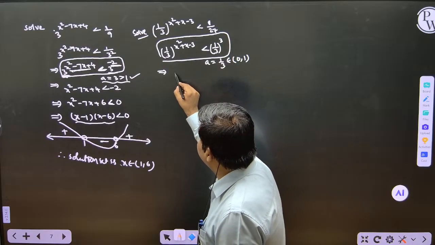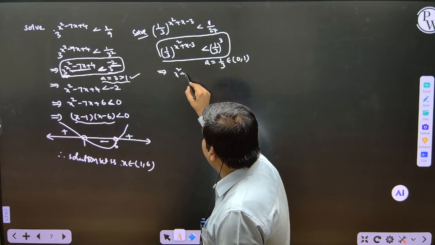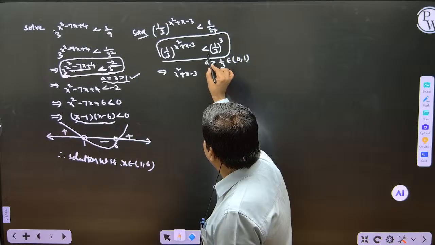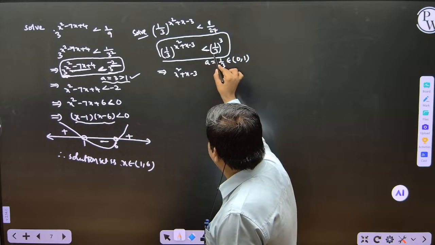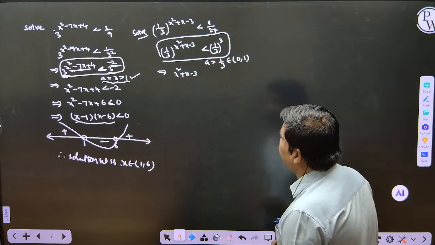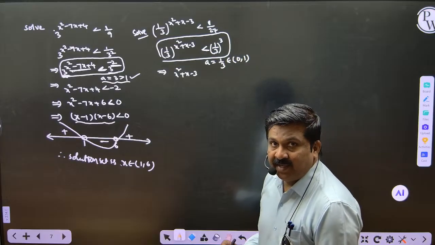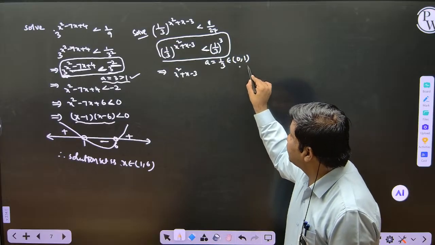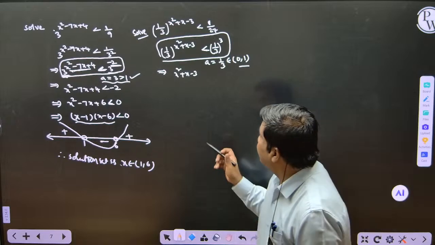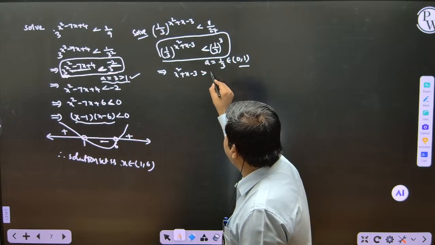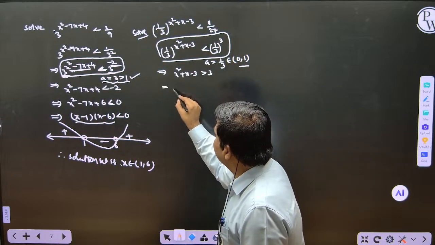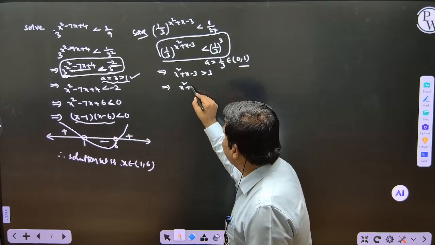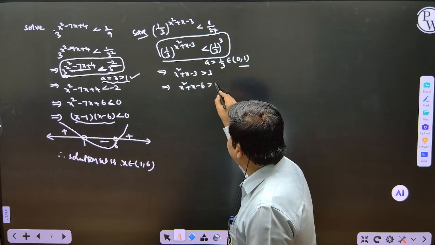So x square plus x minus 3 has an inequality opposite to the exponential function inequality. Why? Because its base lies between 0 and 1. So it is greater than 3. That implies x square plus x minus 6 greater than 0.